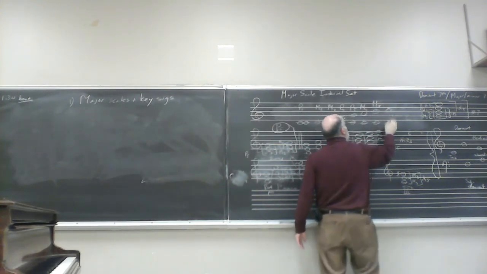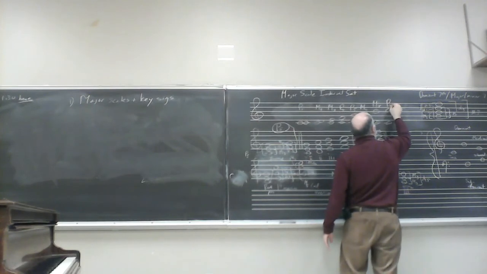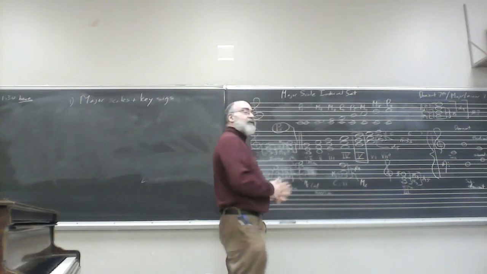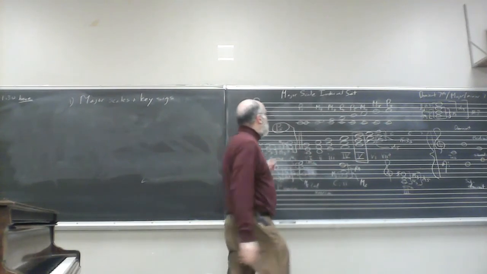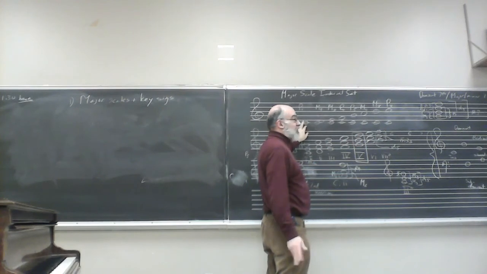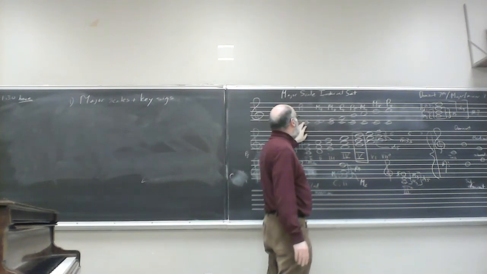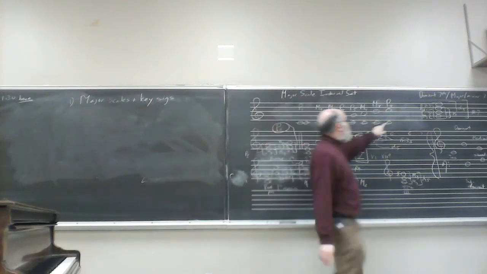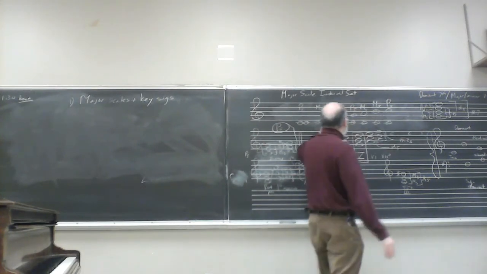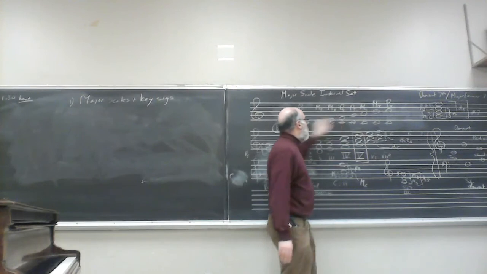Now, you don't have to take my word for it. Perfect unison is kind of a no-brainer, but C is in the C major scale and C is in the C major scale, so it's perfect. F is in the C major scale, but if you take the F major scale, you will find C natural in it.